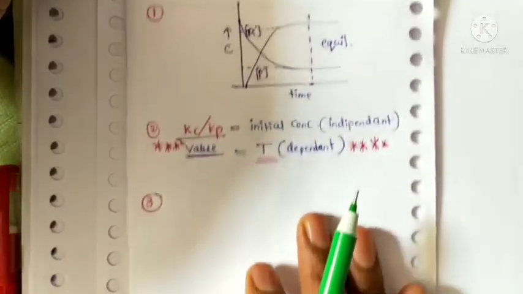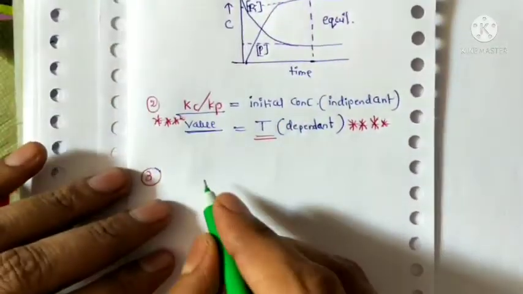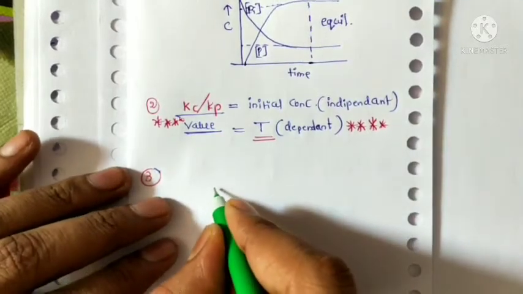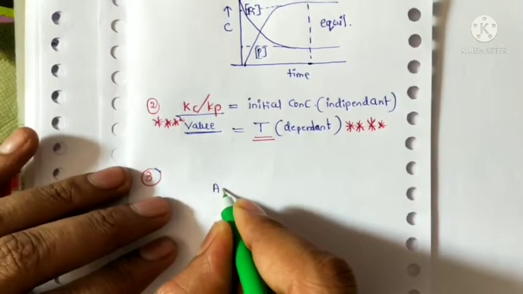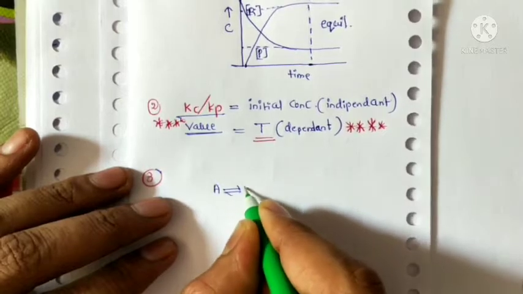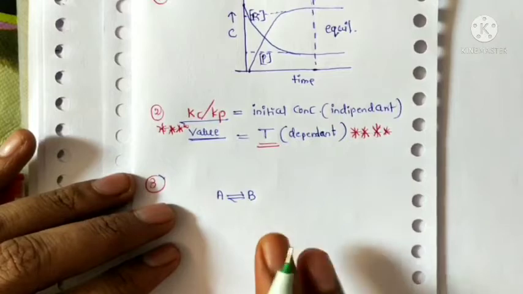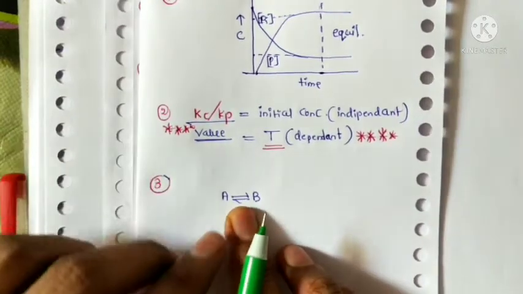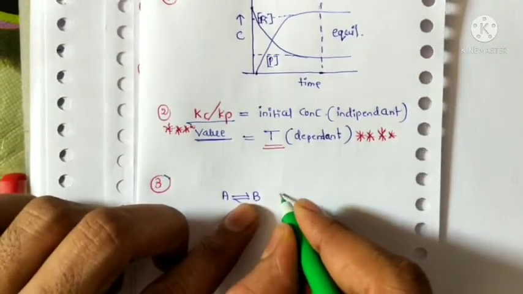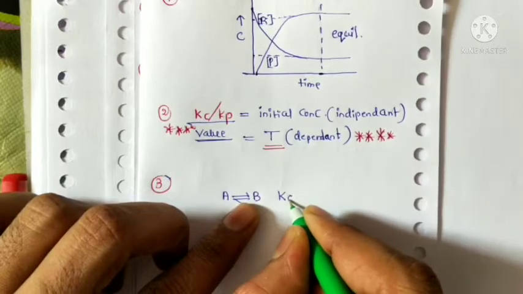So now let me explain. If a chemical reaction equation is A in equilibrium with B, this chemical reaction equation has an equilibrium constant.